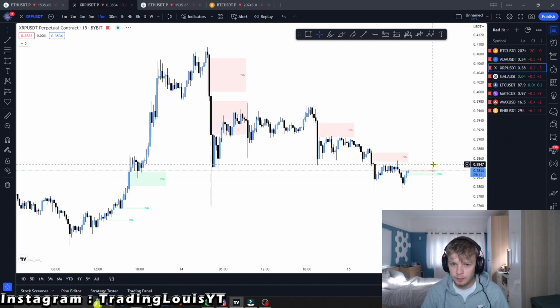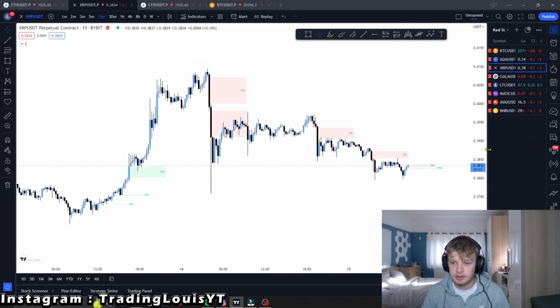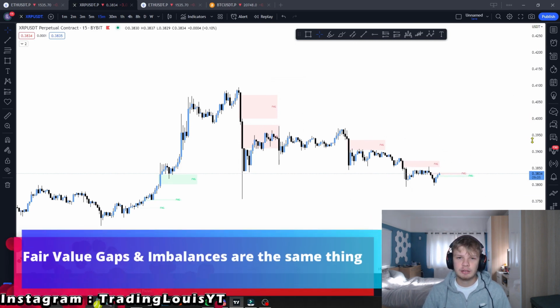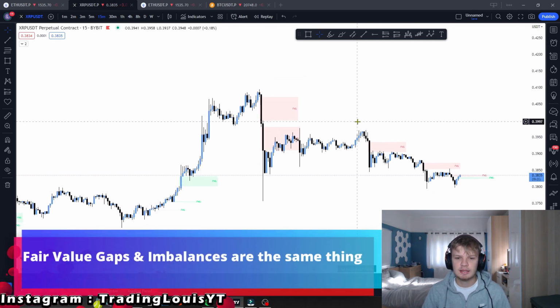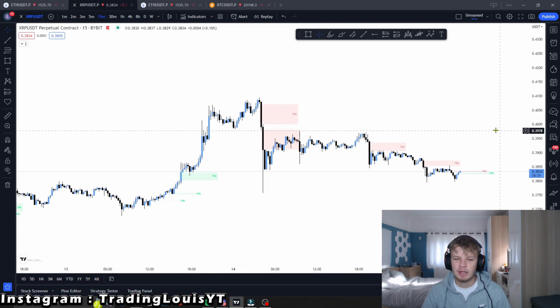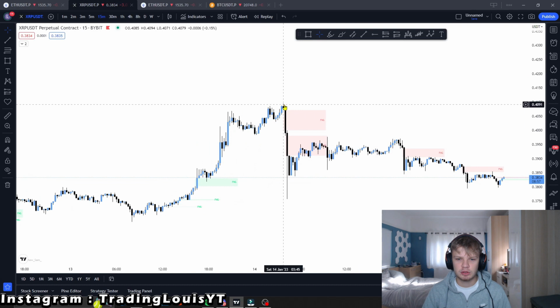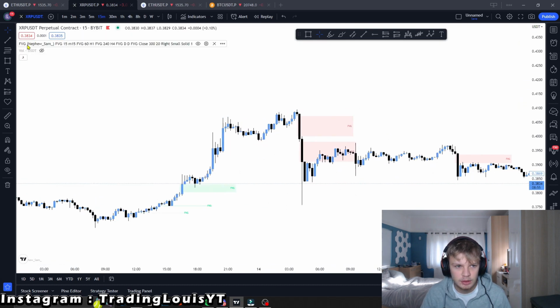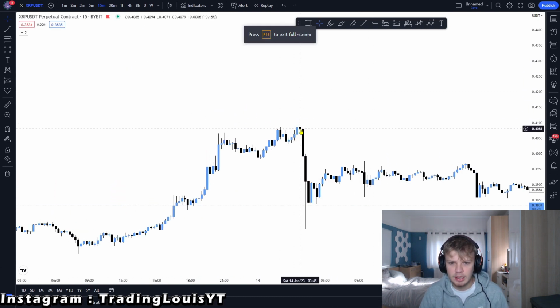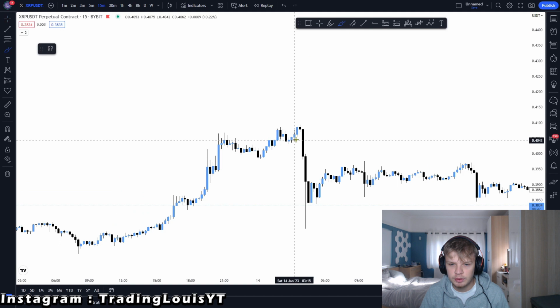So first of all, what is an imbalance, or what is a fair value gap? All a fair value gap is, is a gap in the market. If you look at the chart right now, we have this candle right here that I will highlight for you guys.